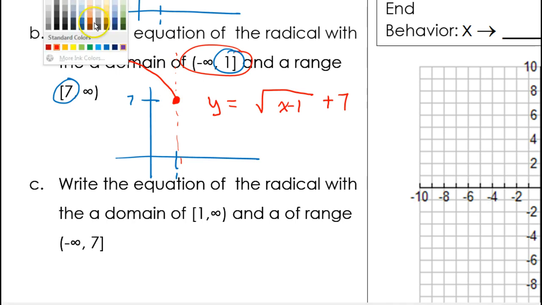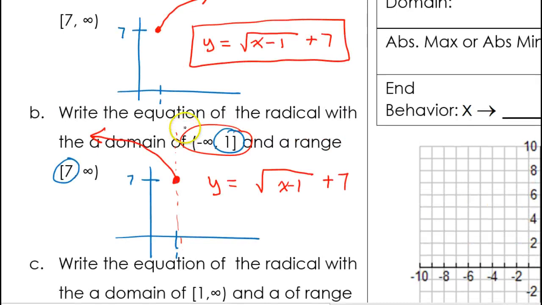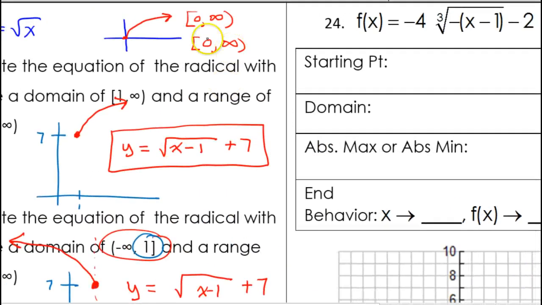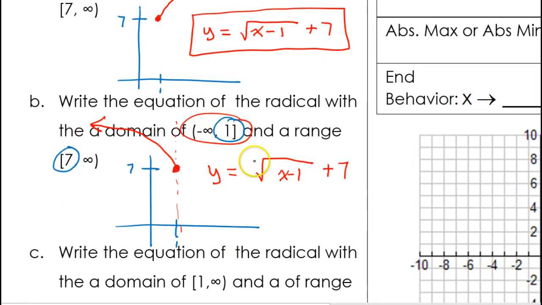Whereas the parent function for square root curves to the right, if you reflect over the y-axis, then you get a graph that's curving to the left. So a left-facing graph is reflected over the y-axis. So how does that show up in an equation?